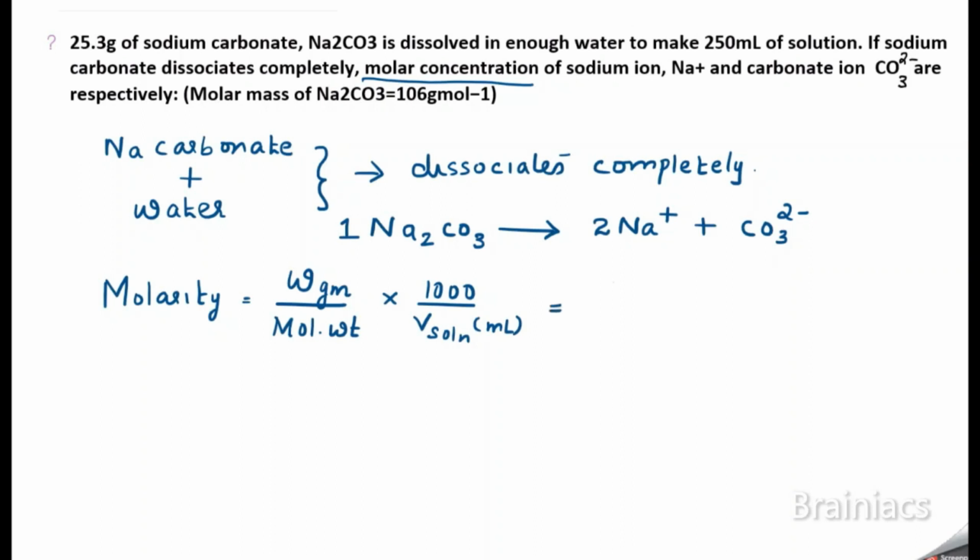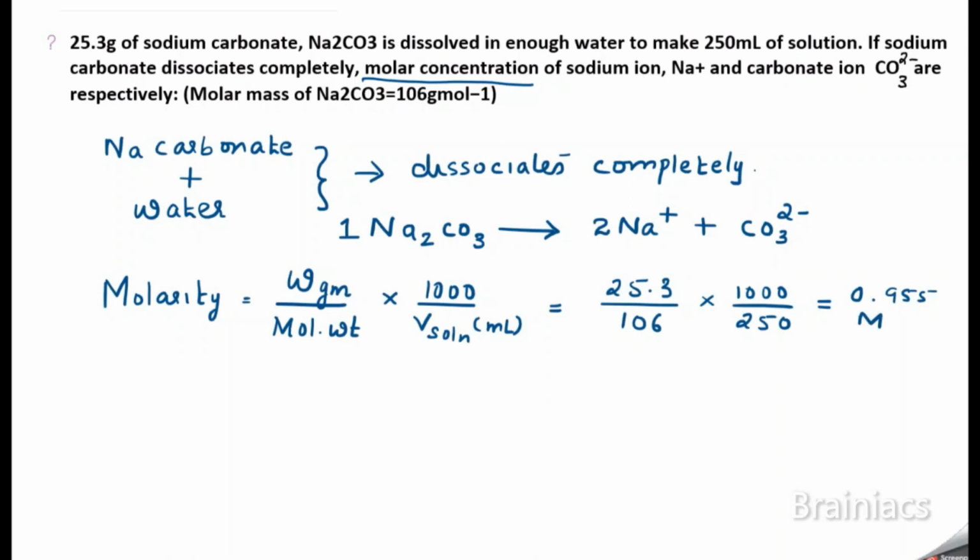So on substituting, we will get 25.3 divided by molecular weight of the solute, given as 106, into 1000 divided by volume of the solution, given as 250. So if you do this calculation, you will get the answer as 0.955 molar.